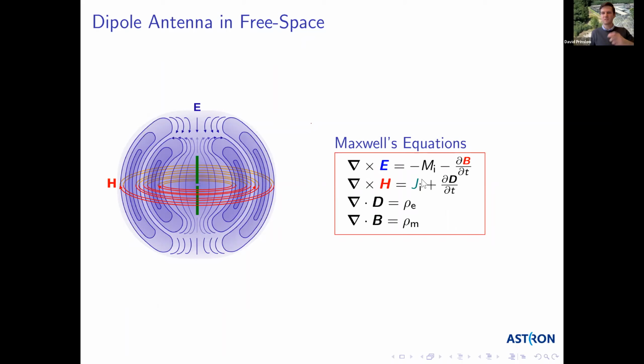So you've got this time varying current source that creates a time varying magnetic field. And the time varying magnetic field creates a rotating electric field again. But of course, as the original current creating this is still changing, it results in a changing electric field again.